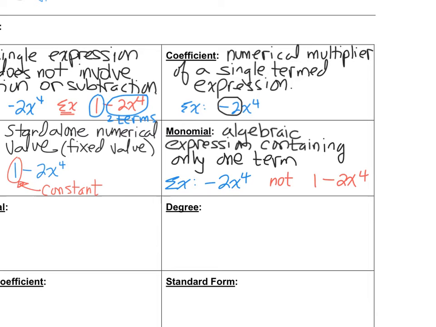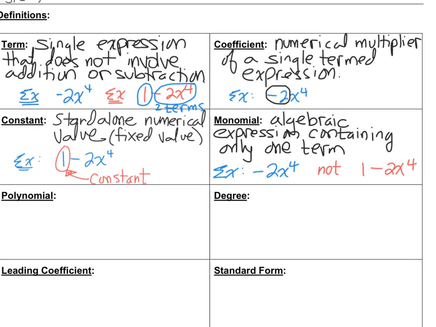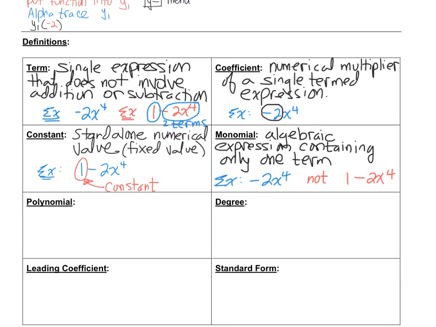If you have more than one term grouped together, then it becomes what we call a polynomial. Mono, poly. So how would you know the difference? If there's more than one term, then it's not a monomial. All right, so the polynomial: an algebraic expression containing more than one term.